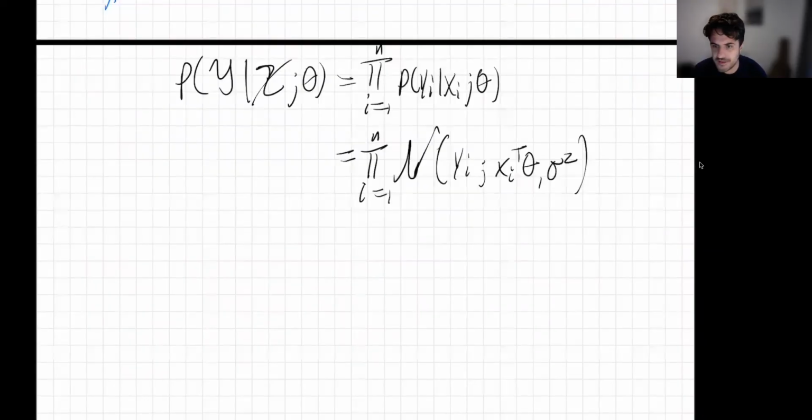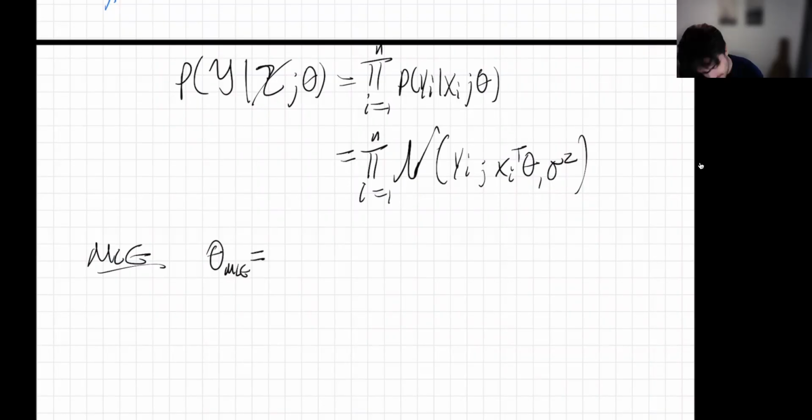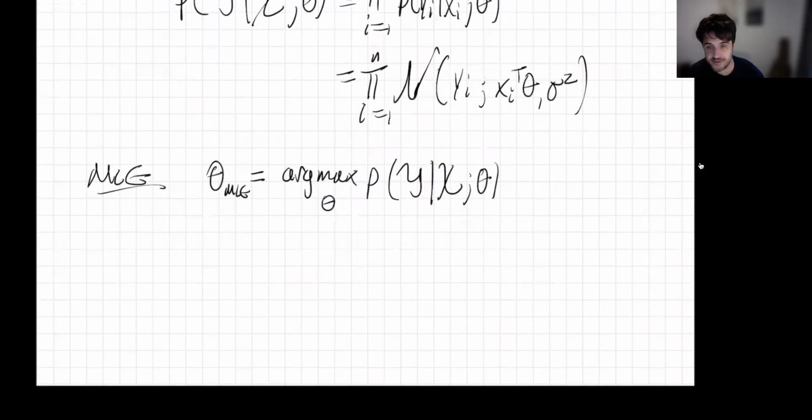This is what this is. And now we're doing maximum likelihood estimation here, and basically the MLE estimate is given by the argmax over this whole thing, conditioned on all of the x's, parameterized by theta.